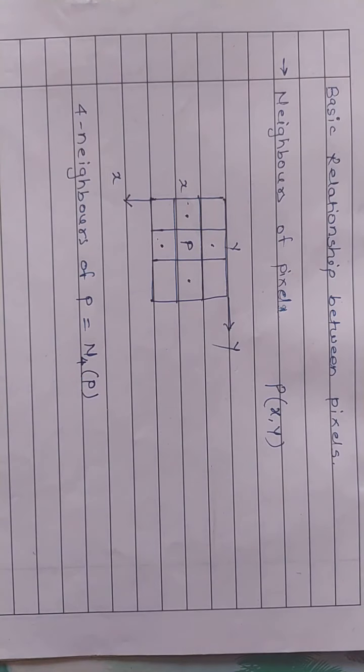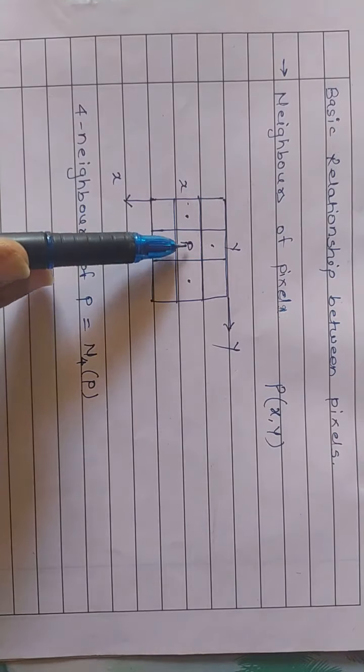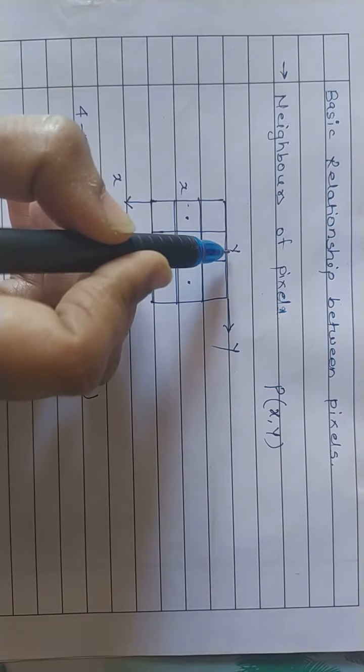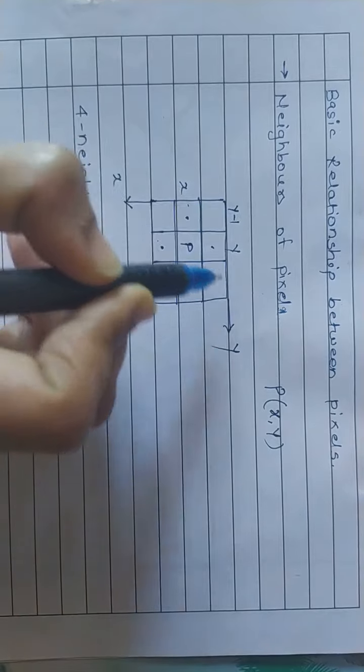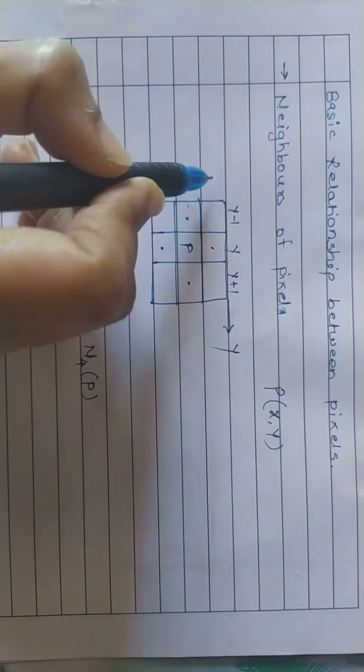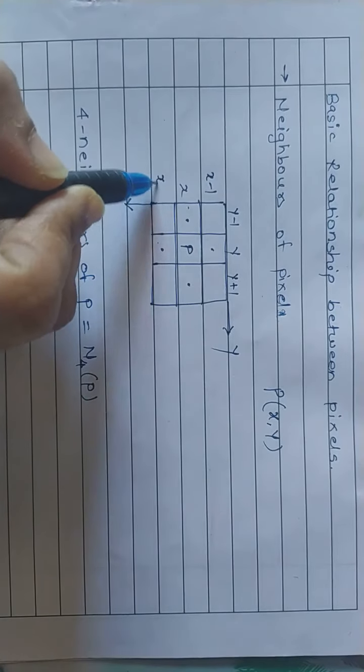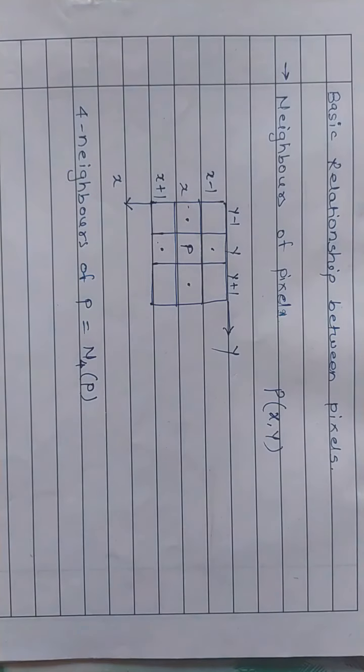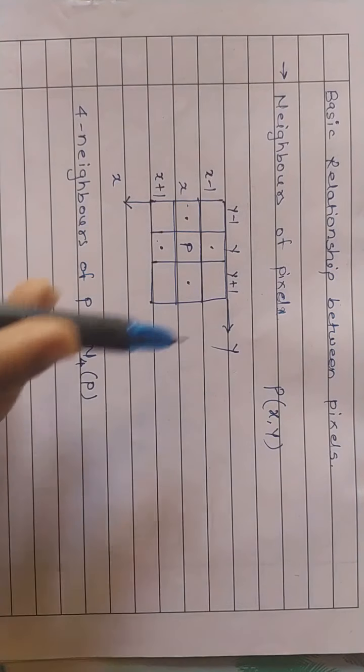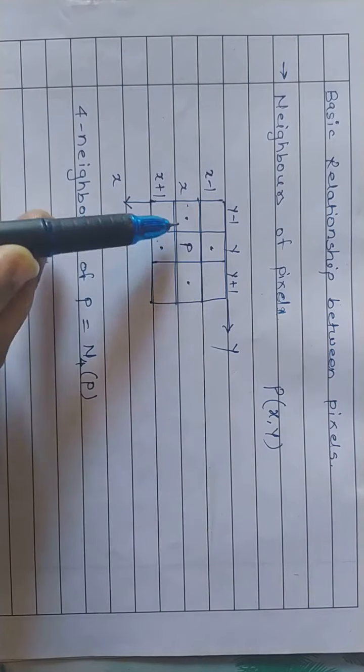The coordinates of these 4 neighbors: if this is y, this will become y minus 1 and this y plus 1. This will be x minus 1 and this x plus 1. This way we can identify the coordinates of these 4 neighbors.